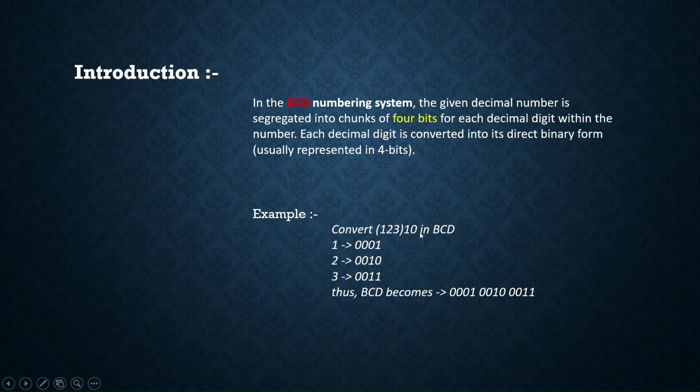For example, I have to convert 123 to BCD. I take the decimal digit 1, which has BCD code 0001, then 2, which has BCD code 0010, and then 3, which has BCD code 0011. Thus my total BCD becomes 0001 0010 0011.